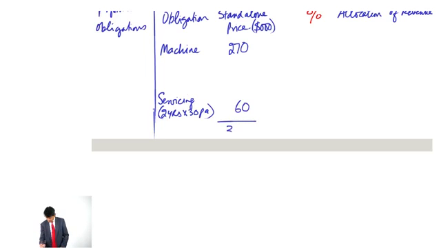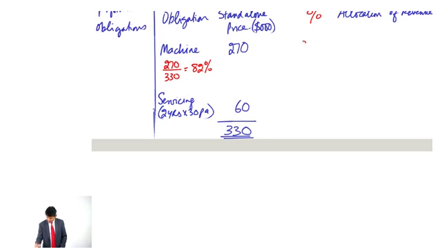And the grand total, of course, is 330. Clearly, you've got to work out some kind of percentage. So if I take 270 as a proportion of 330, that is 82%.